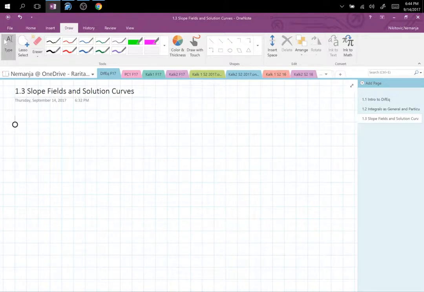We're also going to talk about solution curves, and solution curves are actually graphs of your answer graphed on the coordinate plane. We hopefully remember from Calculus 1 that the derivative is the slope of the tangent line.